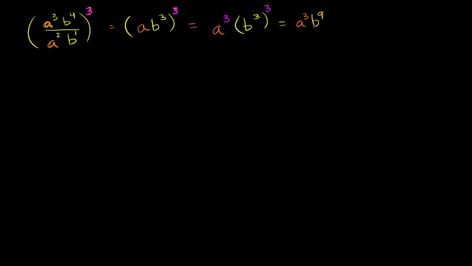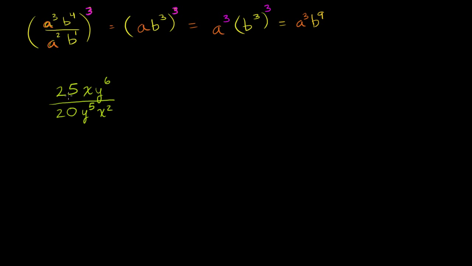Let's do one more of these, because I think they're good practice and super valuable experience later on. Let's say I have 25 x y to the sixth over 20 y to the fifth x squared.